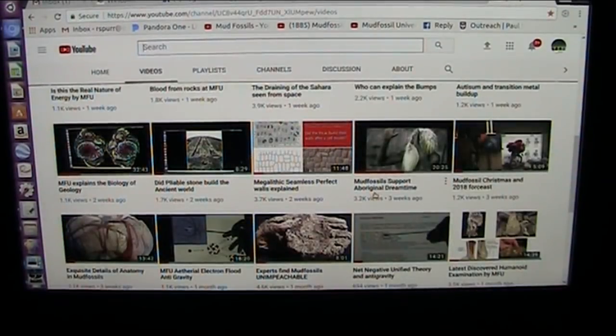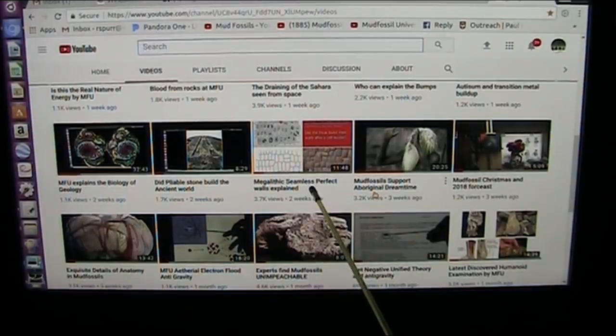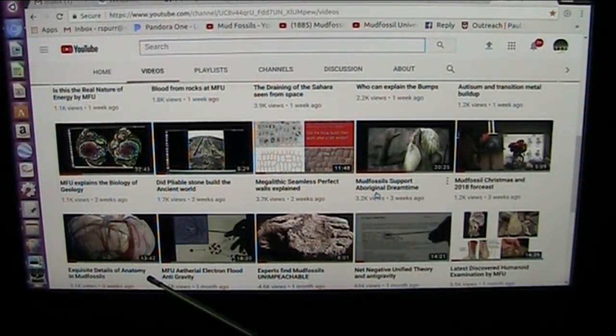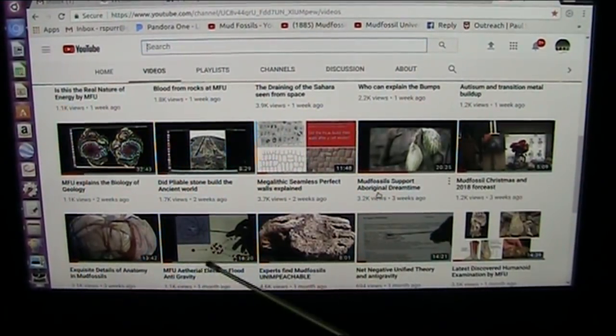You should go out here and look into this. Go up and catch up a few of these. Mud Fossil University explains biology of geology. Did pliable stone build the ancient world? Megalithic seamless structures. It's a fossilized exquisite heart, which they fossilize in blood. Mud fossil. And then we go into some of the physics and unexplained new species and all of this.